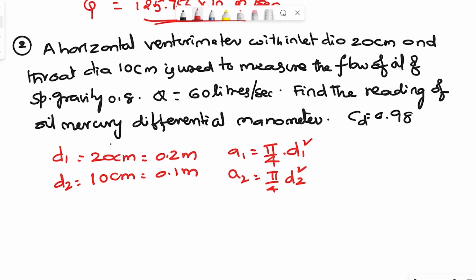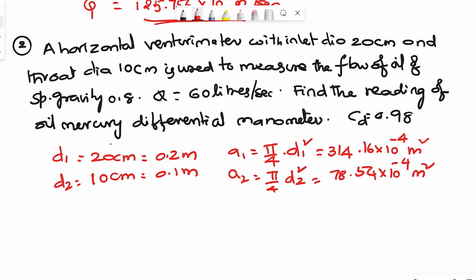If you calculate these two, A1 will be 314.16 into 10 to the power of minus 4 meters square, and A2 is 78.54 into 10 to the power of minus 4 meters square.